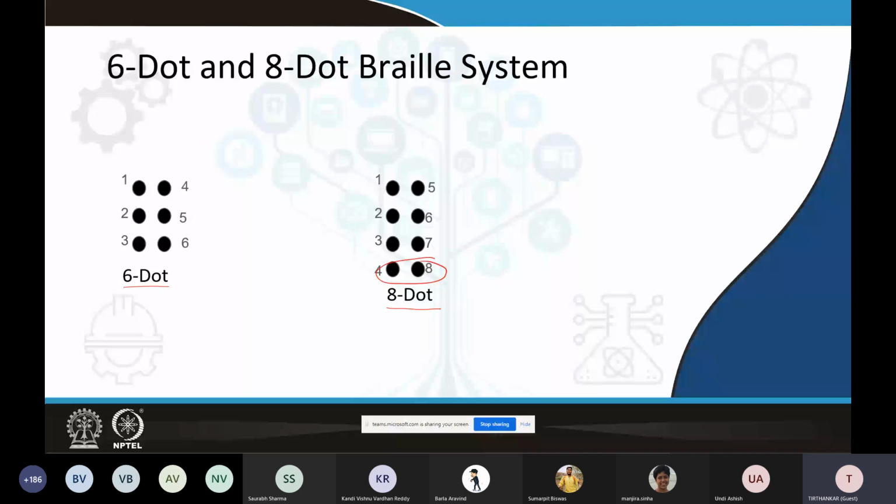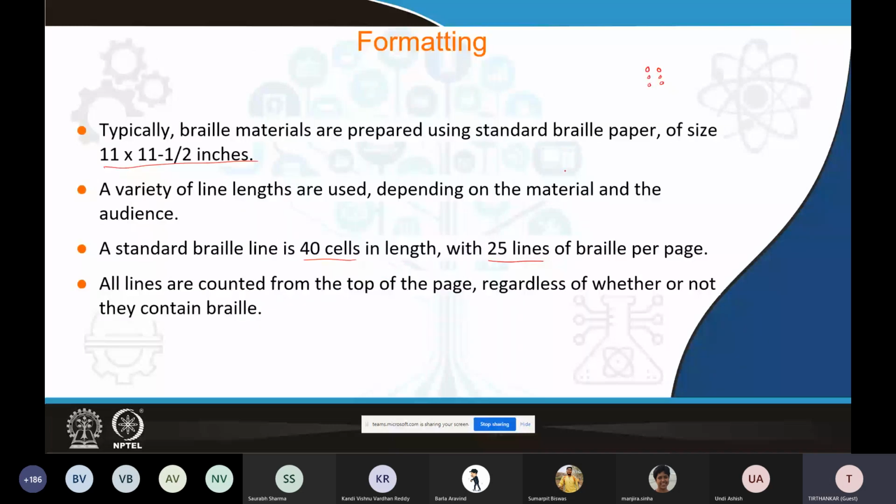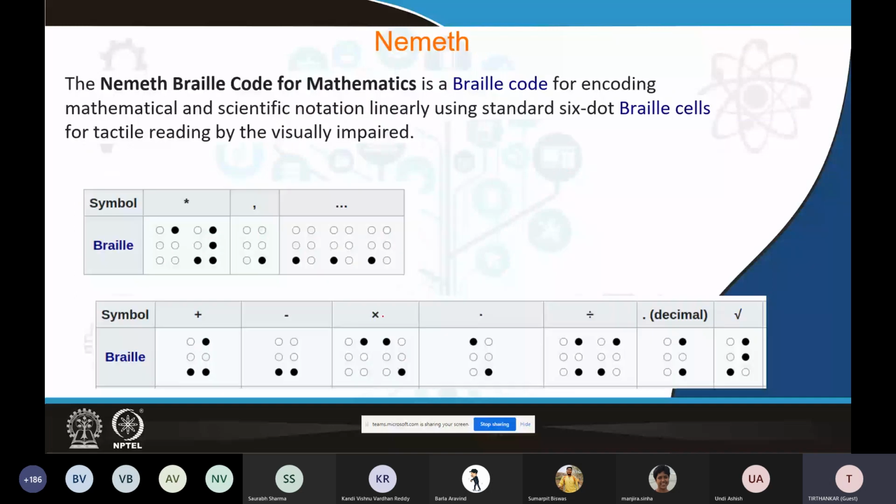As I was discussing in the last class, there are some situations where for a single English alphabet or English ASCII character, there can be multiple braille cells. Specifically, if we follow the 6-dot braille system, some of these characters need multiple cells.